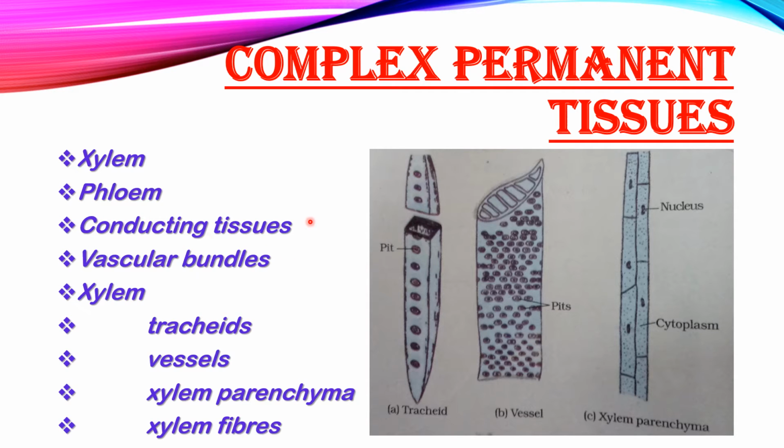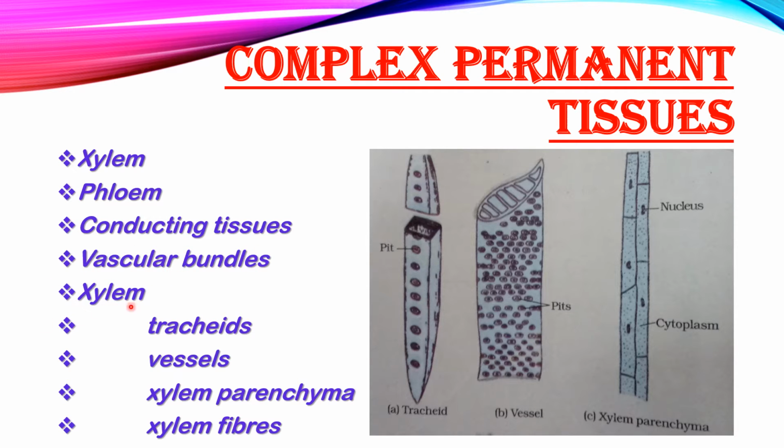They conduct water, minerals, nutrients, and food from one part of the plant to another part, and they are known as conducting tissues. Both these tissues form vascular bundles in plants, and that is the main feature of complex plants.